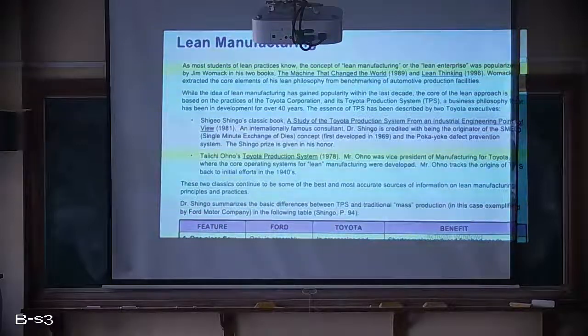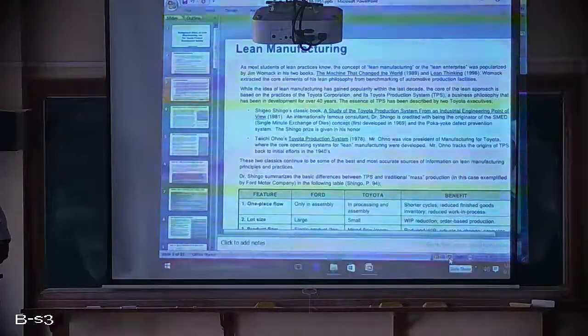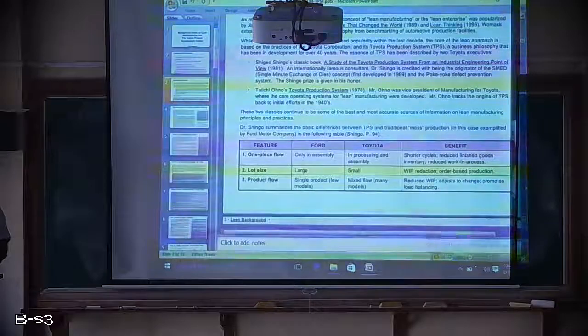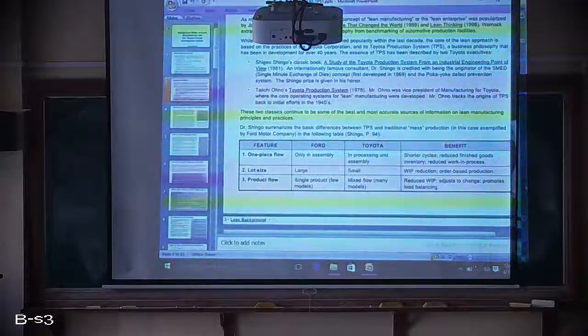practices. Shingo summarizes the basic difference between TPS and traditional mass production. Okay, you can see the table wherein you can differentiate traditional manufacturing as well as Toyota. See that feature, one-piece flow only in assembly in Ford, for example, whereas Toyota has it in processing and assembly.